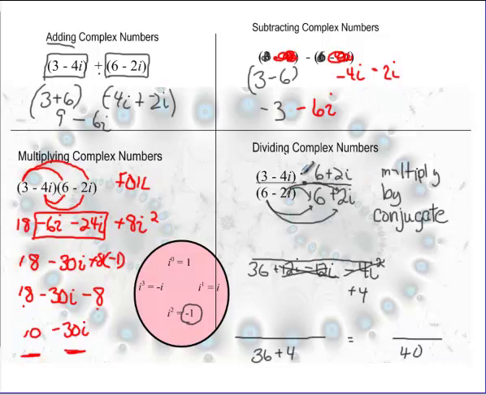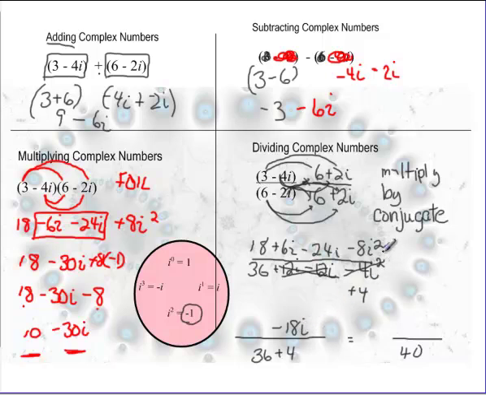Okay, let's quick FOIL the top. 3 times 6 is 18. Plus 6i minus 24i minus 8i squared. Okay, let's clean that up. Positive 6i and minus 24i is a minus 18i.